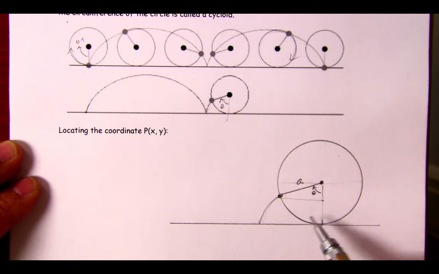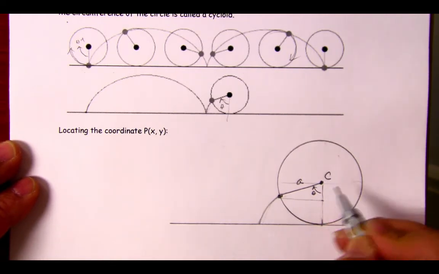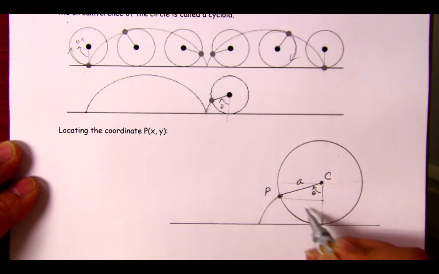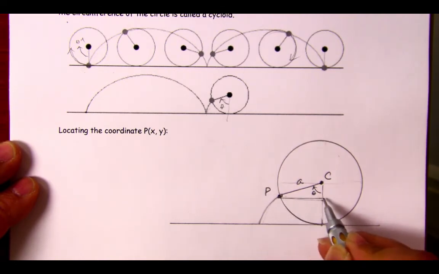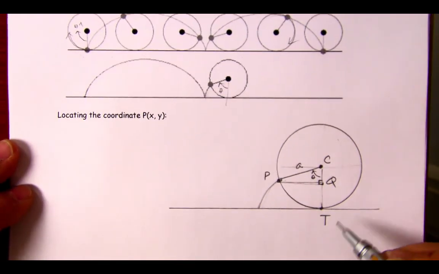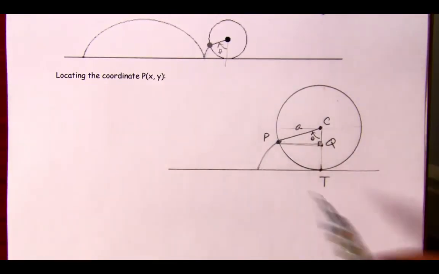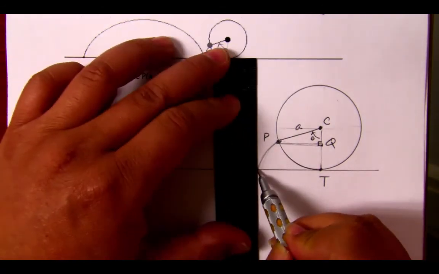And let's give it some names. Let's call this C as the center. Let's call this P the point. And this is parallel to the horizontal. Let's call this Q. And let's call this point T. But if you look very, very carefully, so hold on. This is the starting point right here, guys.